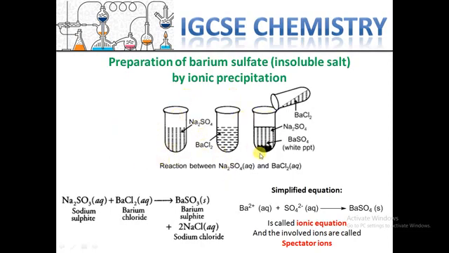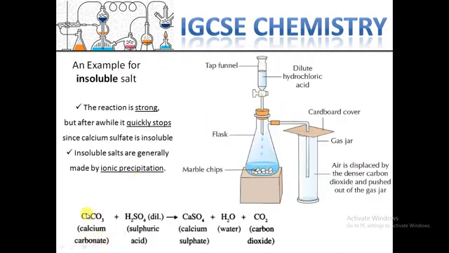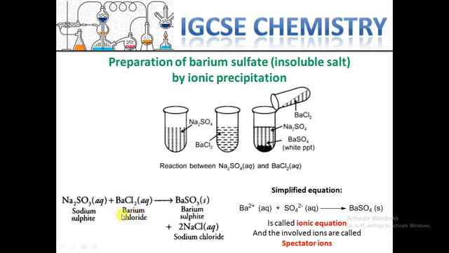There are many examples on this slide. For example, the preparation of barium sulfate, another example of an insoluble salt made by ionic precipitation. You have sodium sulfate here, which plays the role of calcium carbonate. Here we have barium chloride.